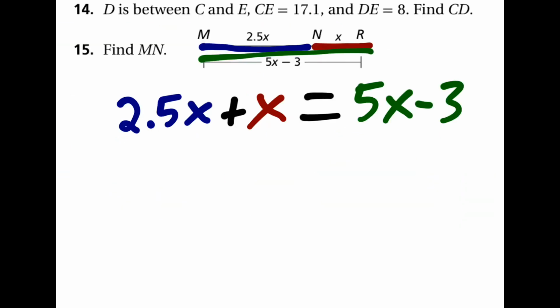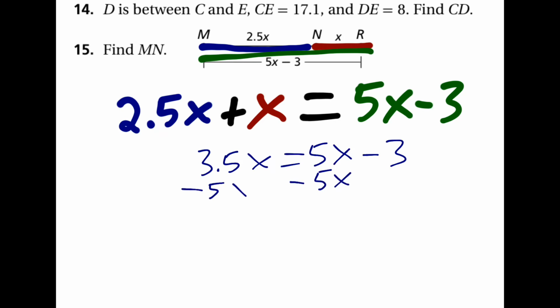For 15, the key idea is that this blue part plus this red part equals the entire green line. Everything is measured in terms of variables, so I have to set up my equation like so. I can combine like terms, which gives me 3.5x on the left, and from here it's solving for x. Maybe I'll subtract 5x from both sides.